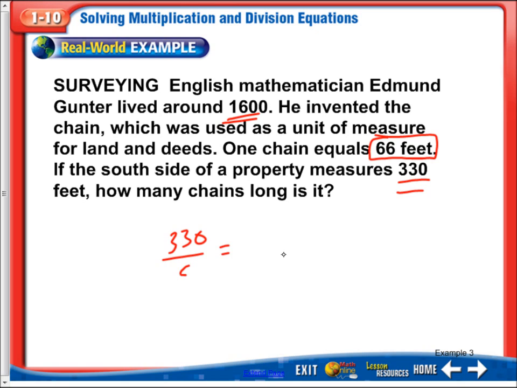Okay, and that is going to give us our 66. Okay, and maybe a better way for us to think about this would be to say 330 divided by 66. Okay, and that's going to equal our chains. All right, that'll be a quicker way for us to solve this one.